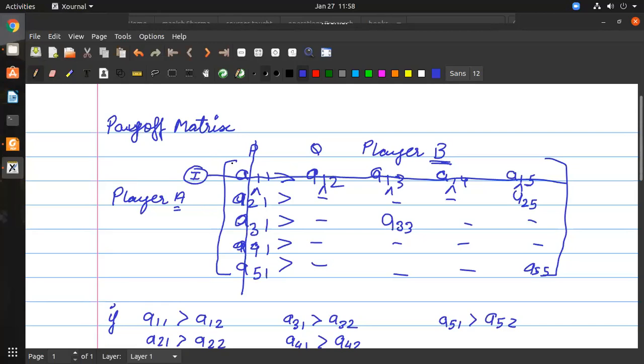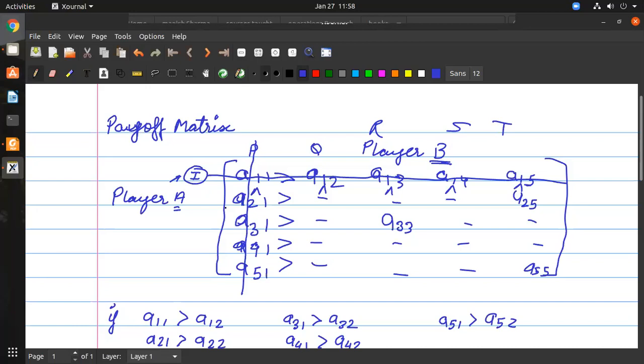If I am going to use only one without knowing which strategy is being used by player B, whether it is P, Q, R, S, or T, I don't care whatever strategy he might be using, I am going to use only strategy one. Then we say that player A is using a pure strategy one.